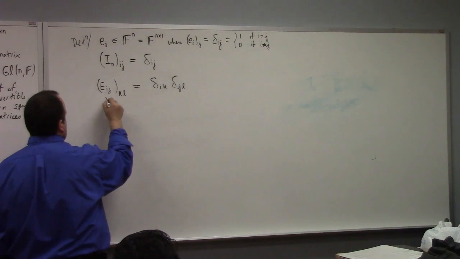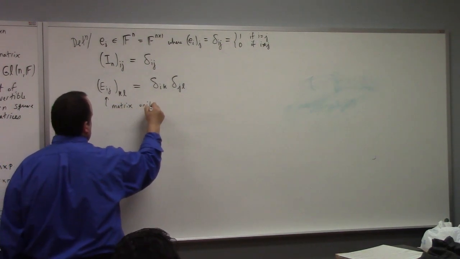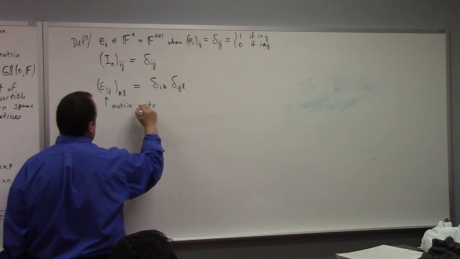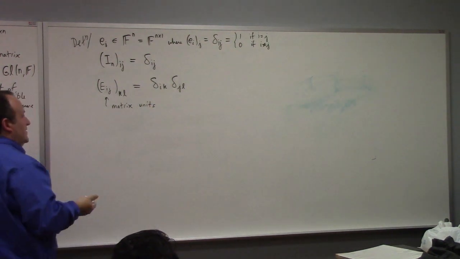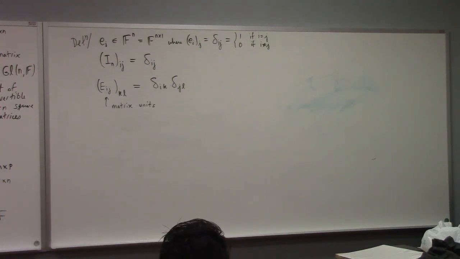These are the so-called matrix units. Although that's unfortunate language in some regard because they're not invertible matrices. They're just matrices that have all zeros except for one, right?